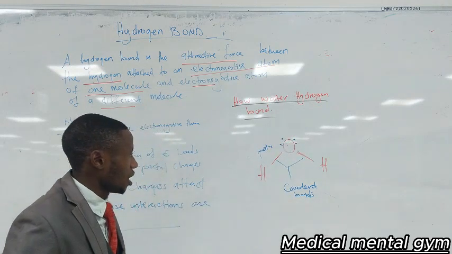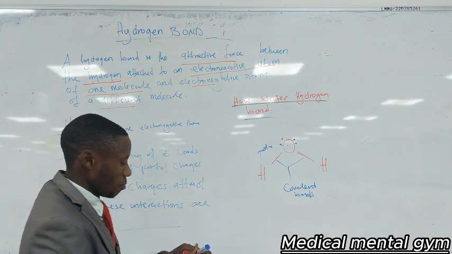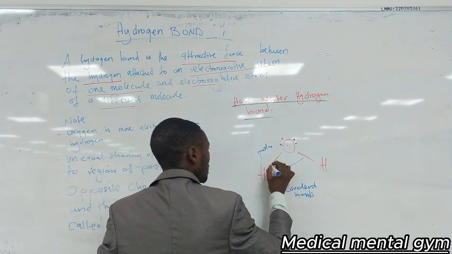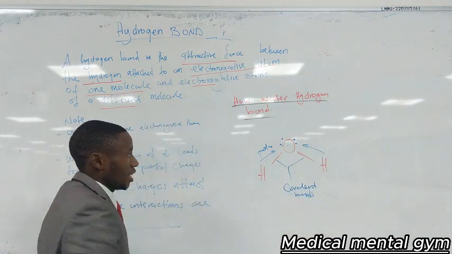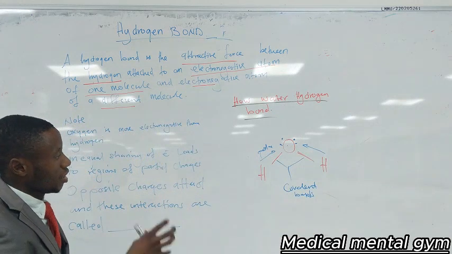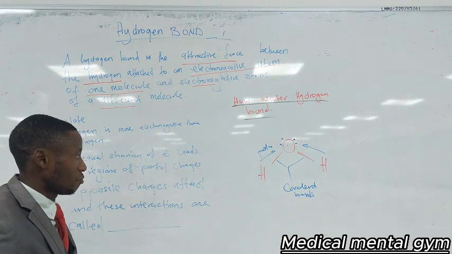oxygen. The pulling of these electrons towards oxygen results in partial charges on the elements involved in the bonding.